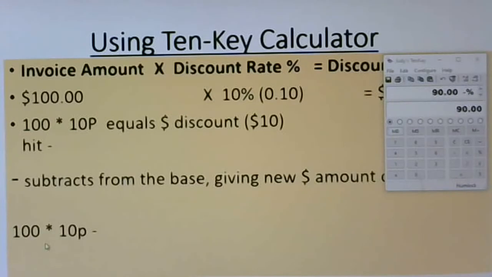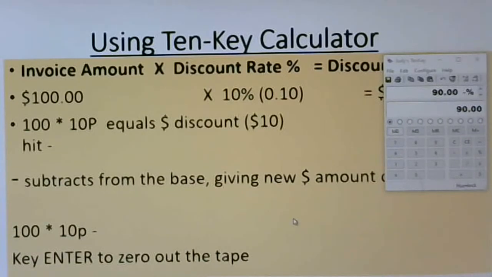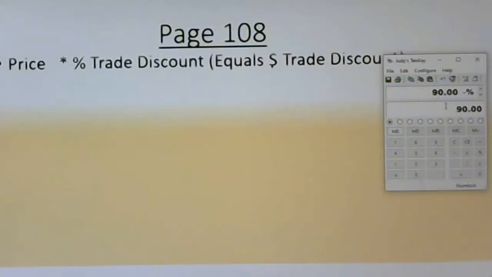That's just what I did. 100 times 10% gives the savings amount, the discount amount in money, minus, subtracts the 10 from the 100 to give you the new amount due. And then remember to always enter, enter to clear out your tape, or Control L will clear out your tape.